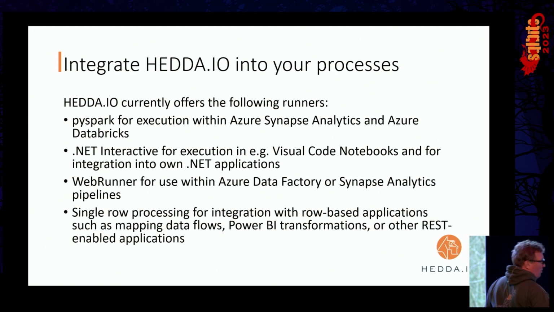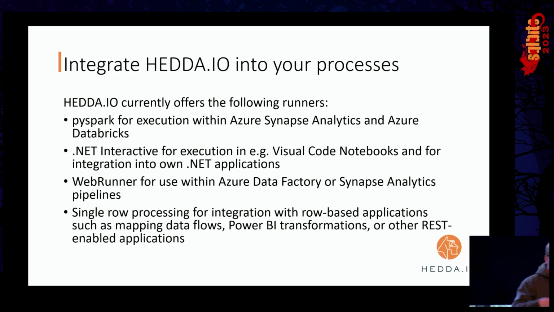Or you are working with .NET and you want to work on that in a kind of application. So we built these different runners, and these are able to work with a meta definition of Header at the point in your system.